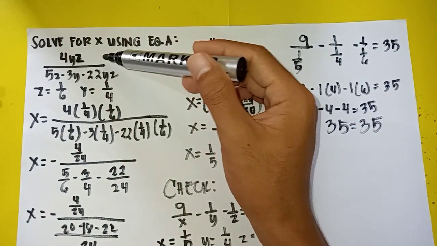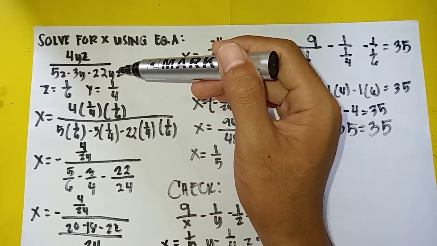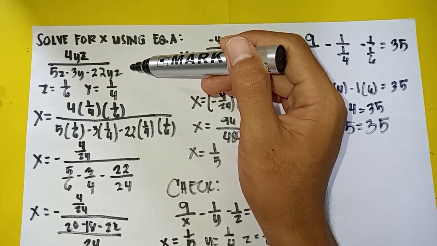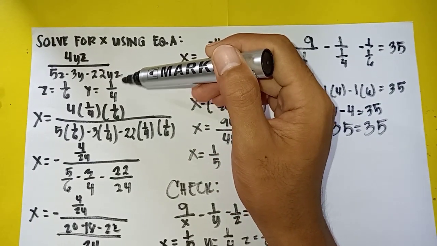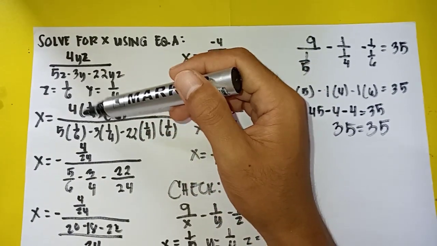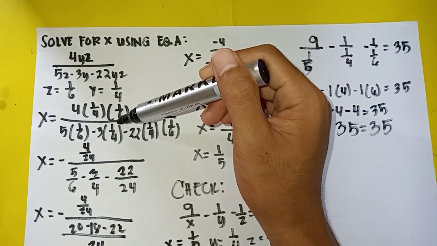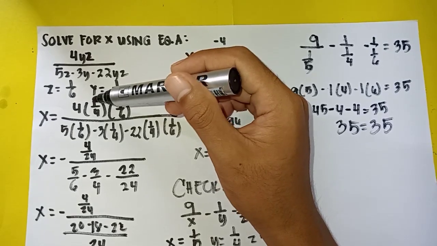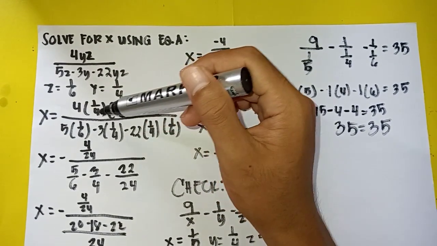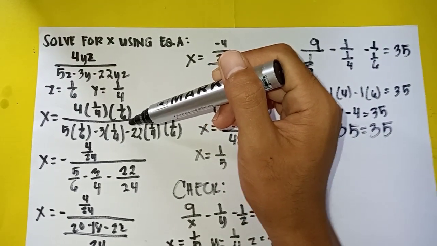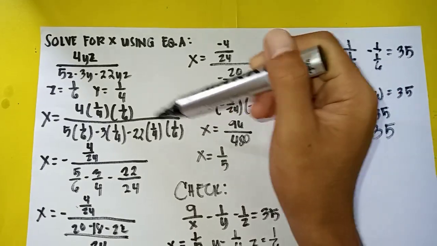So x is 4yz over 5z minus 3y minus 22yz. The value of our z is 1/6 and the value of our y is 1/4. We will substitute the values of z and y for the variables. So 4 times 1/4 times 1/6 over 5 times 1/6 minus 3 times 1/4 minus 22 times 1/4 and 1/6.